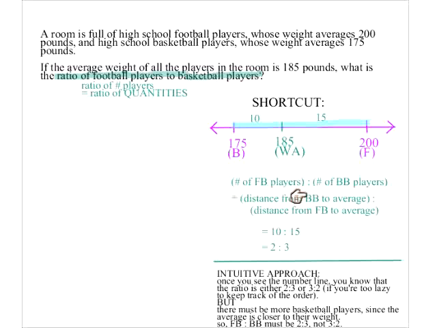You can either keep religious track of the direction that you're going in, so number of football, number of basketball is distance from basketball, distance to football. Or you can just realize, I know it's 10 to 15, so I know it's either 2 to 3 or 3 to 2. And I know there's more basketball players because this weighted average is sitting on the basketball side of the number line. So there must be more basketball players. So 3 to 2 wouldn't make any sense.